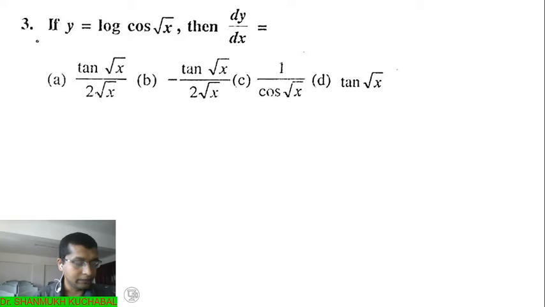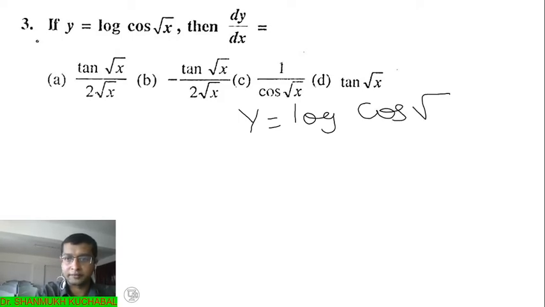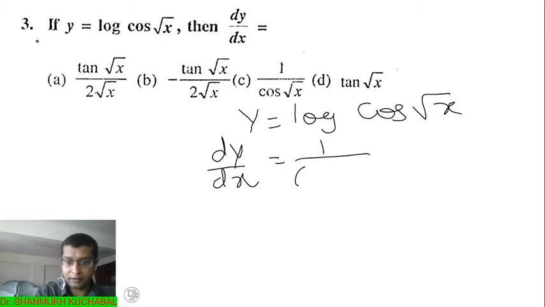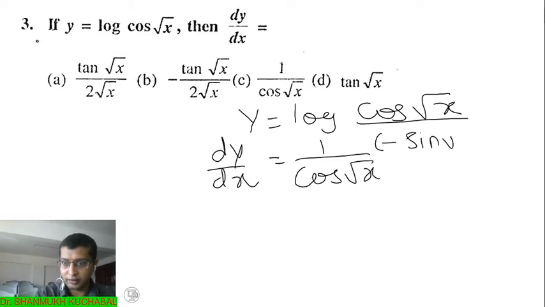Next example, y equals log of cos of root x. Dy by dx: log f of x differentiation is 1 divided by cos root x. Then cos differentiation is minus sin root x.